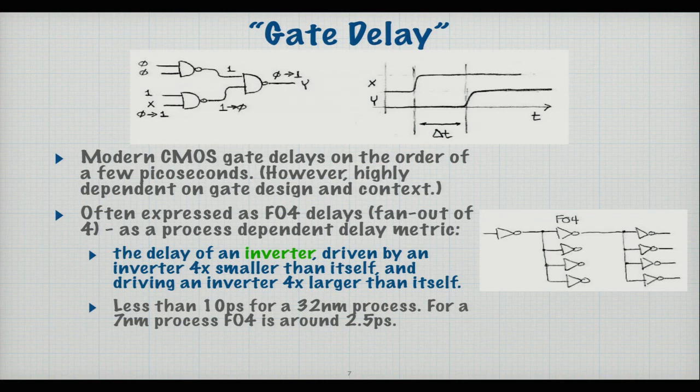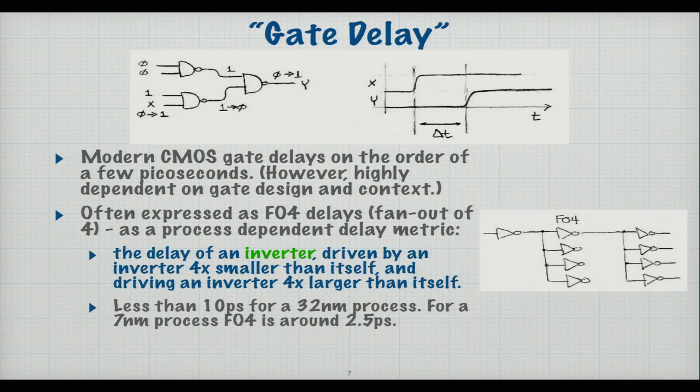FO stands for fan out of 4. It's a process-dependent delay metric. FO4 is the delay of an inverter driven by an inverter 4 times smaller than itself and driving an inverter 4 times larger than itself. This is meant to be a characteristic situation that arises in circuits where we fan out signals to many places.